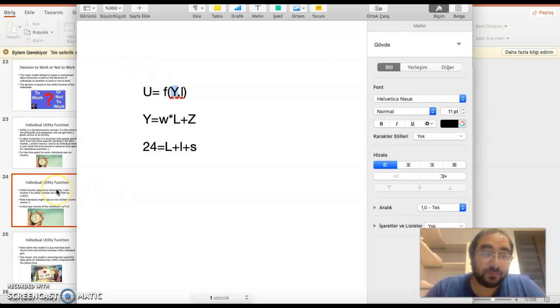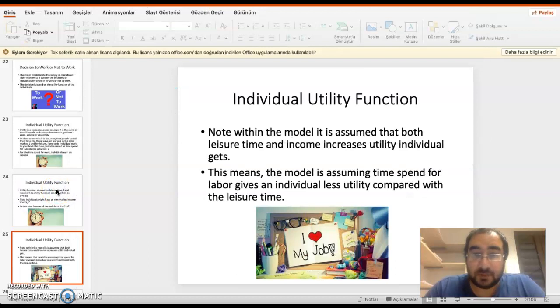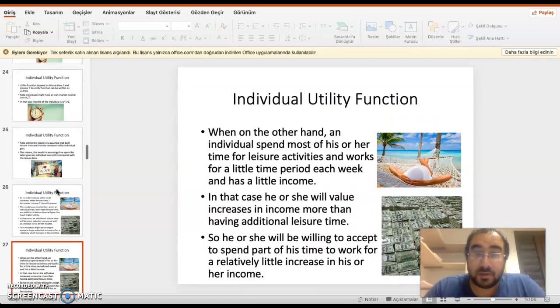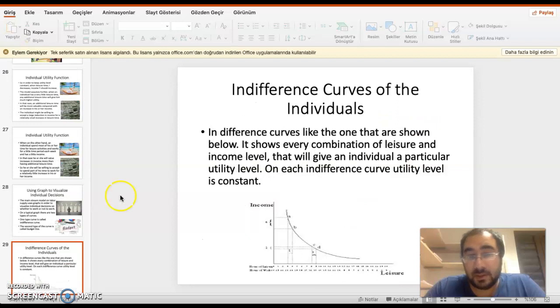So let's go down. The indifference curve looks very similar to the indifference curves you have seen in macroeconomics. Basically, while you move along the y-axis, you have a higher income.